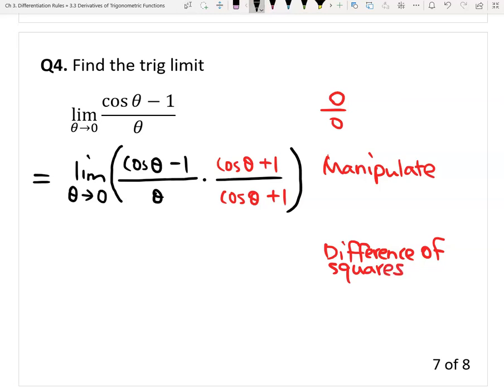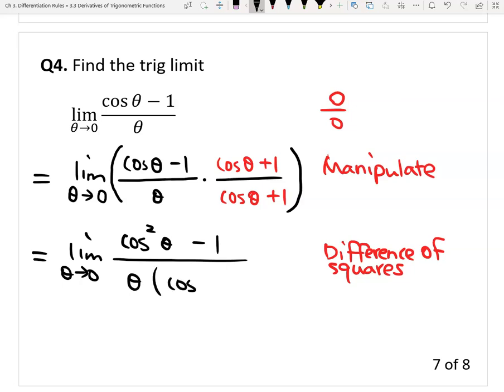We get the top. Now the limit as theta approaches 0. The top is cosine squared theta minus 1. The bottom is theta times cosine theta plus 1. Okay, the top is what now? Cosine squared minus 1 is negative sine squared.